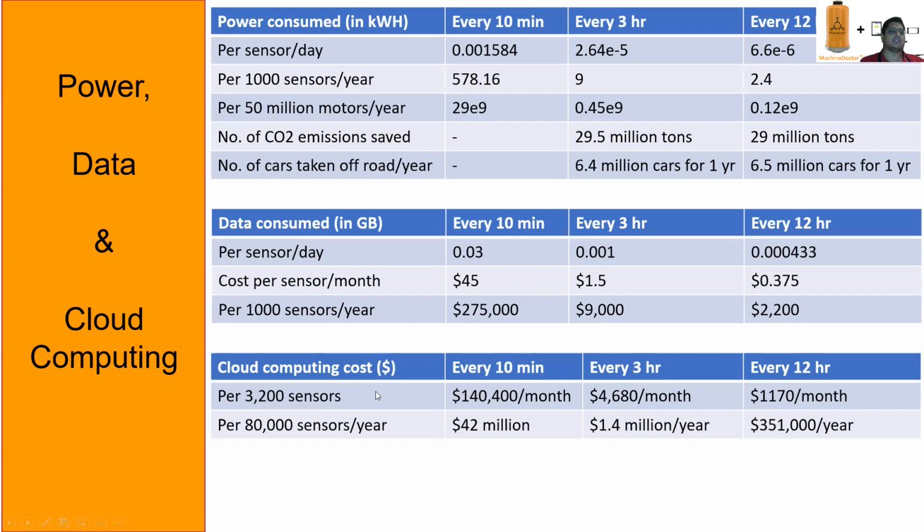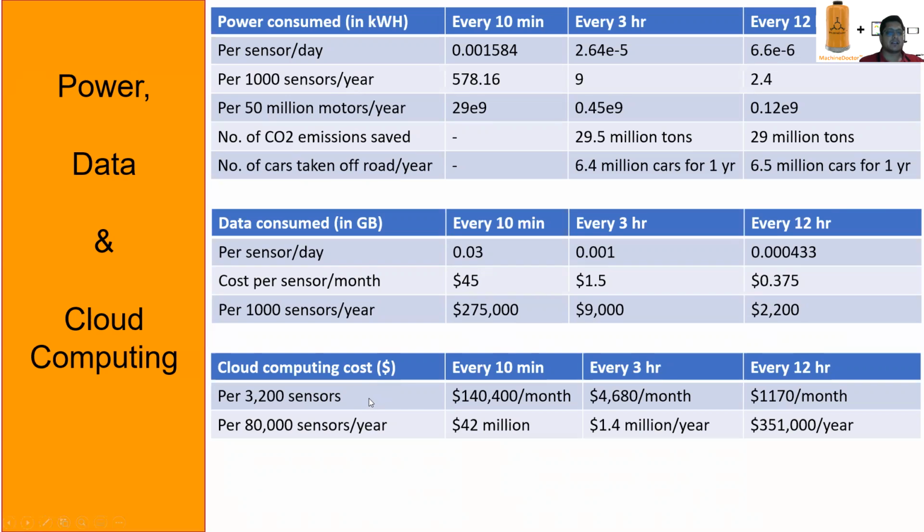While the major cost is the cloud computing one. Based on our own internal cloud computing cost, for 3,200 sensors with every 6-hour data, it costs us almost $2,300 per month, whereas it would cost almost $140,400 per month with these 3,200 sensors if we take a waveform every 10 minutes.